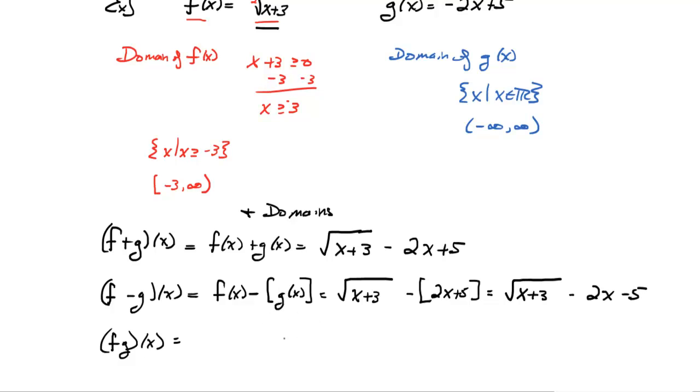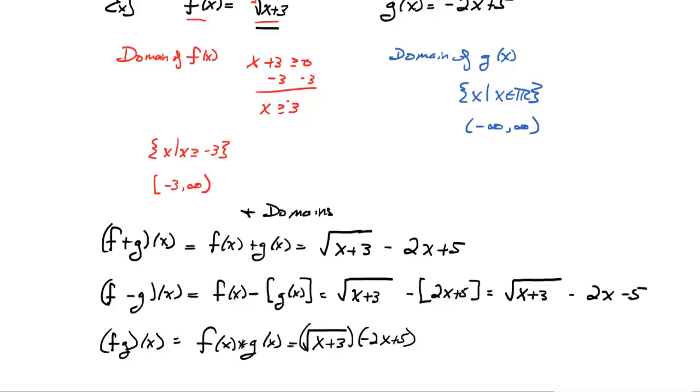And then we're going to have f of x times g of x. So we're going to be multiplying these functions together, and that's going to give us the square root of x plus 3 times negative 2x plus 5. You can't really simplify that, so I'm going to leave it just like I see it.